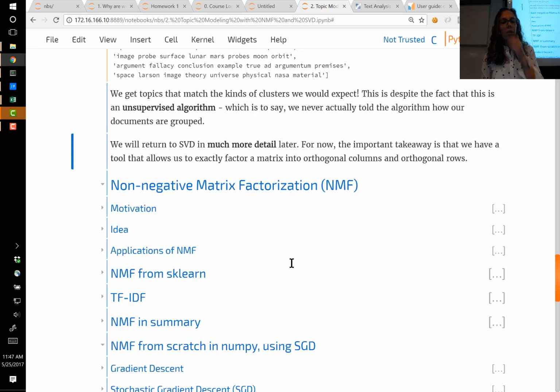So in your picture, R is the number of topics. Yes. So we've got number of documents by number of topics, and then the next one is number of topics by number of vocab items. Yes.